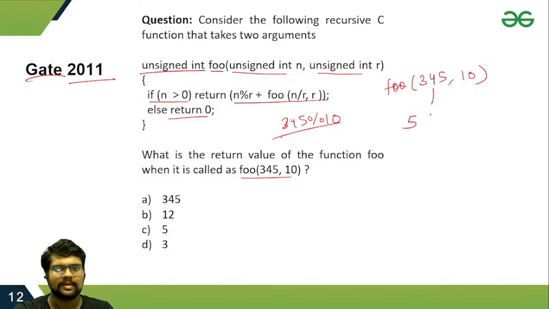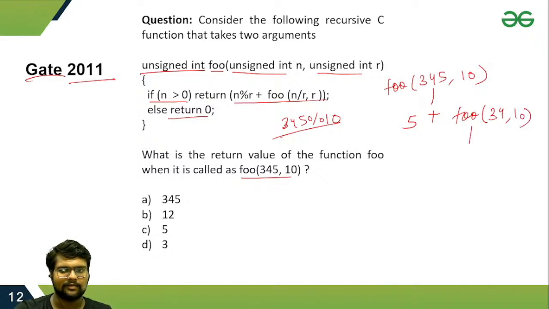Okay, and 5 plus foo, and we will call foo with the updated value, that is 345 divided by 10, which is 34, so 34 comma 10 will be passed. Again, we will take the remainder of 34 and 10, which will be 4, and 4 plus foo, when we divide this by 10, so 3 comma 10 will be there, and then here the remainder will be 3.